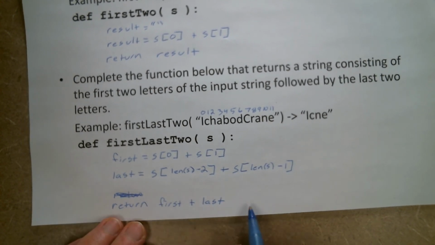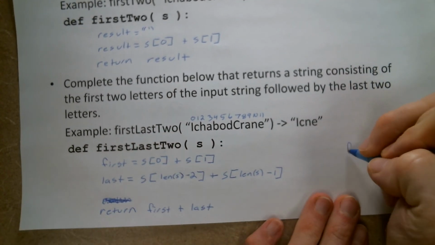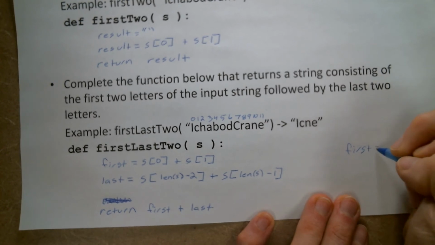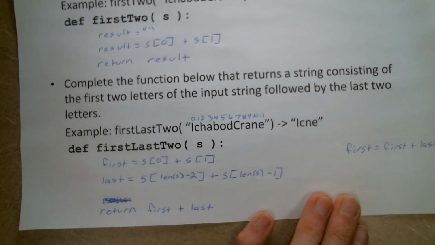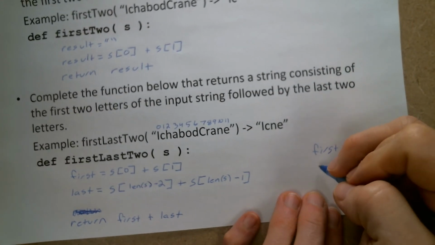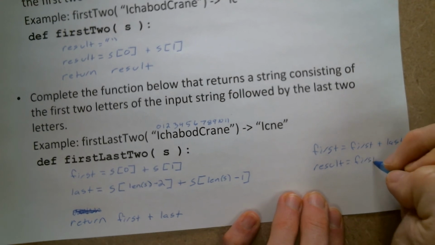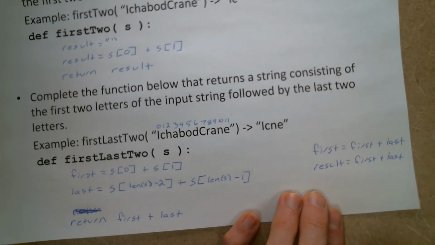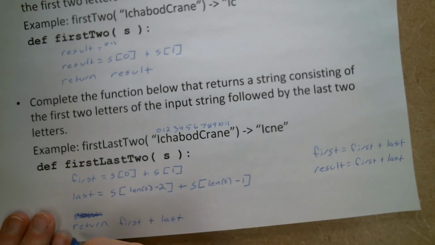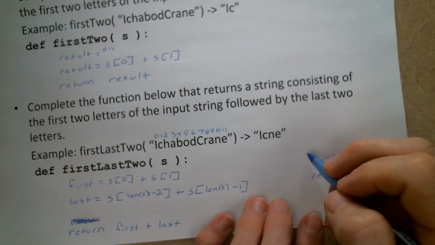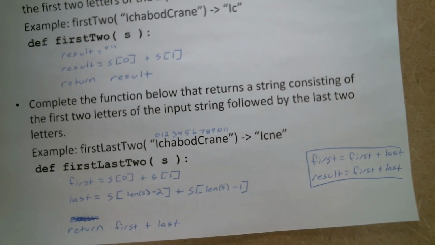I can return this as one item. Again, I could have also done first equals first plus last and then returned first. That would have worked. I could have also done result equals first plus last and then returned result. Either one of those would have worked, but I'm just going to skip right to it on this one instead of going through those extra steps.